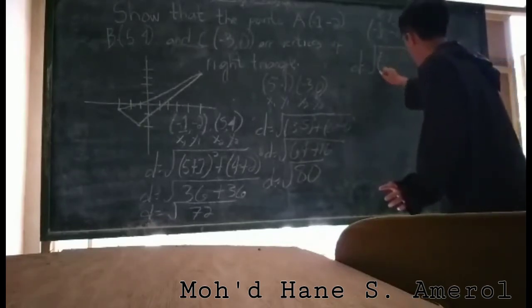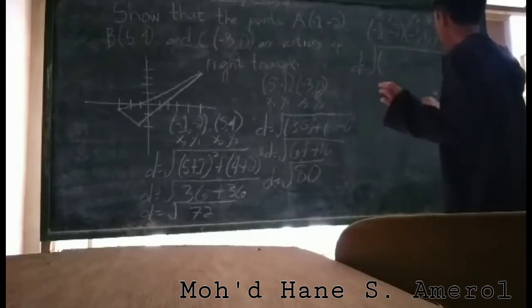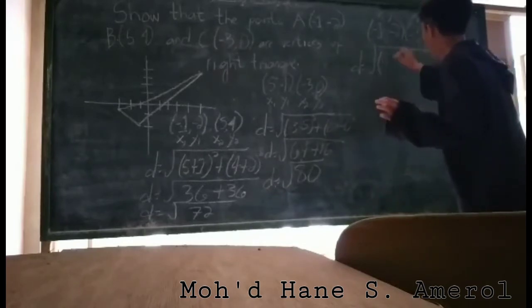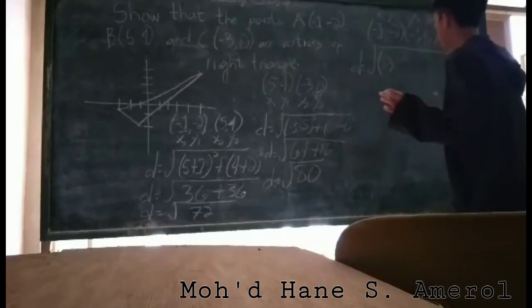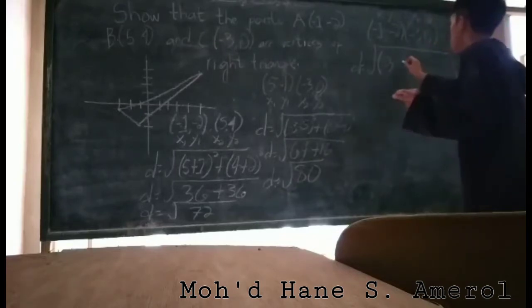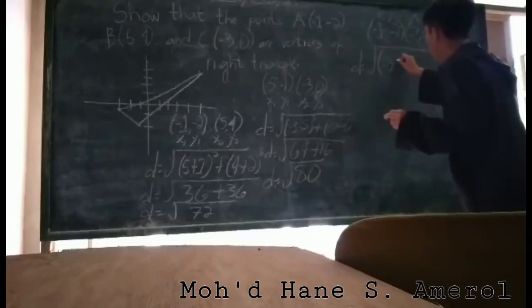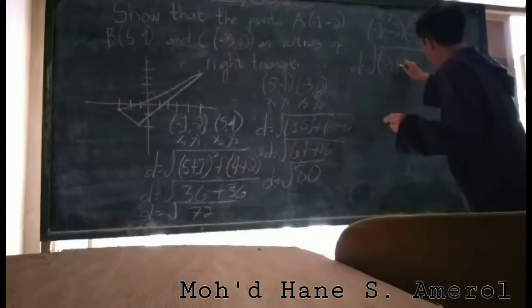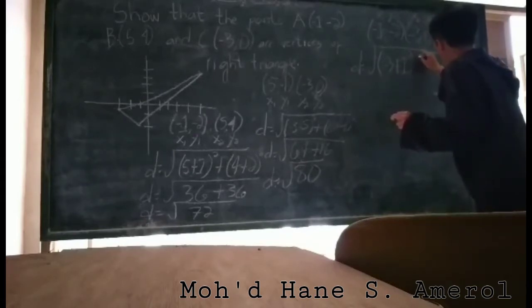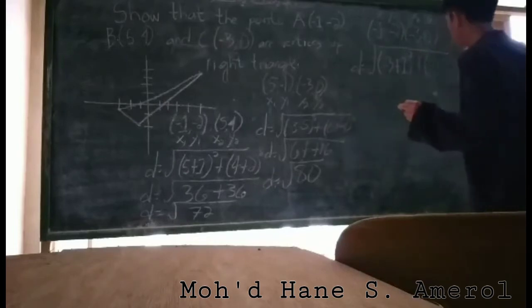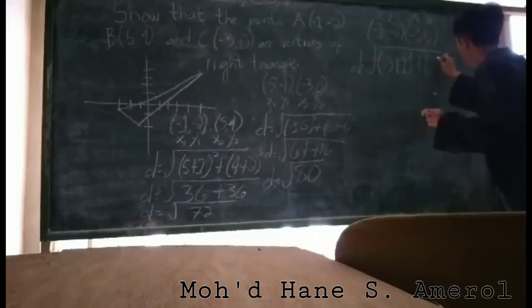So, negative 3, then sub 2, negative 3, ang sub 2 natin, and minus, so magiging positive yan kasi negative times negative again, plus 1 squared plus 0 plus 2.